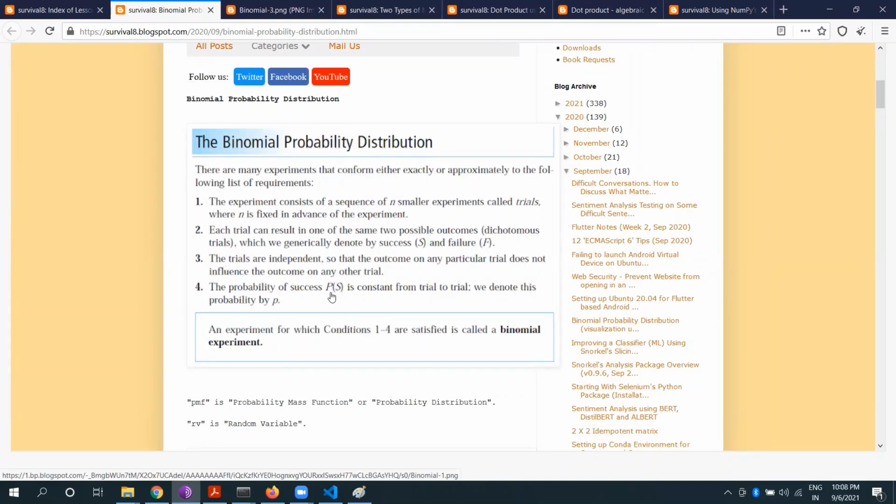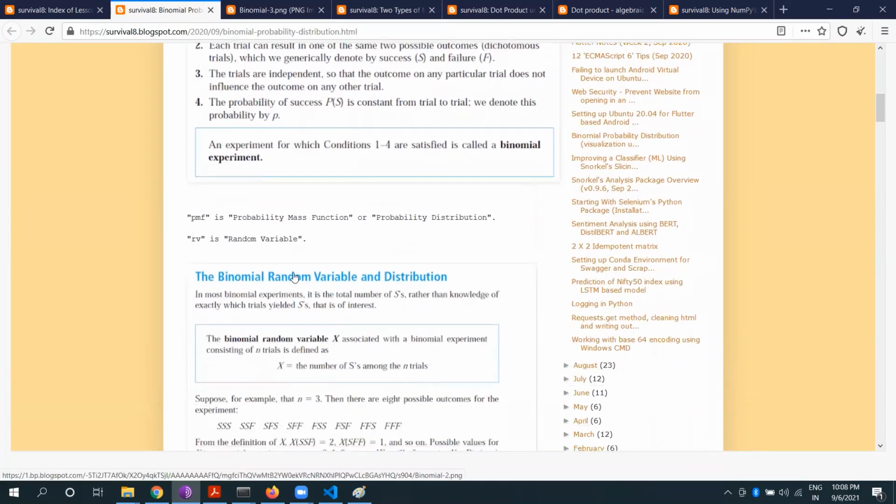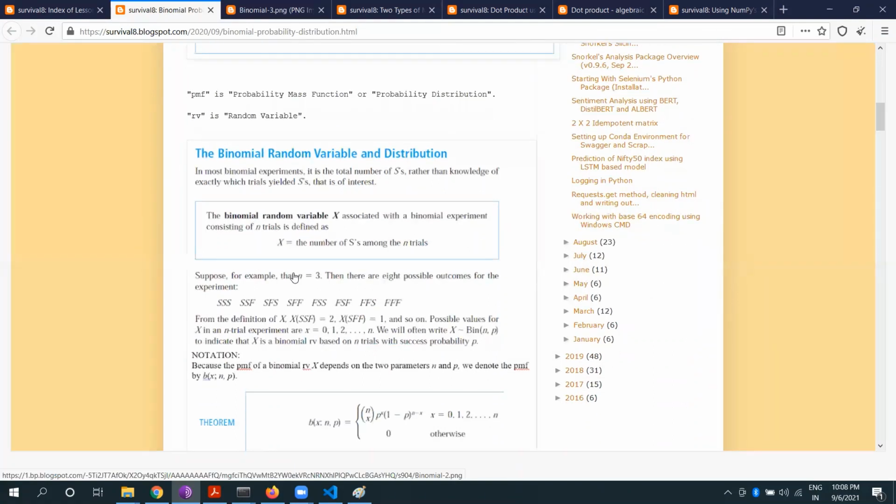Each trial has only two outcomes, heads and tails, and each time we flip the coin, the trial is independent. So this experiment would be binomial, and you can use random.binomial to simulate this kind of experiment.